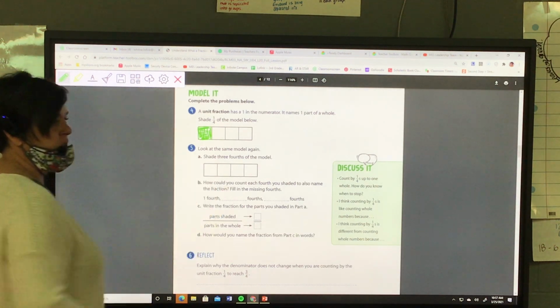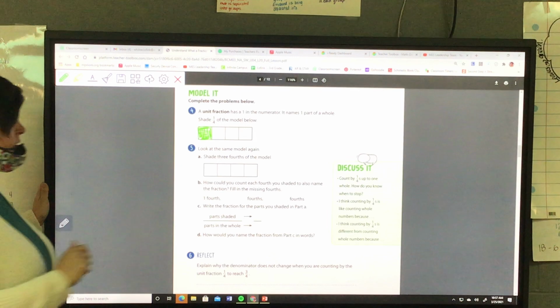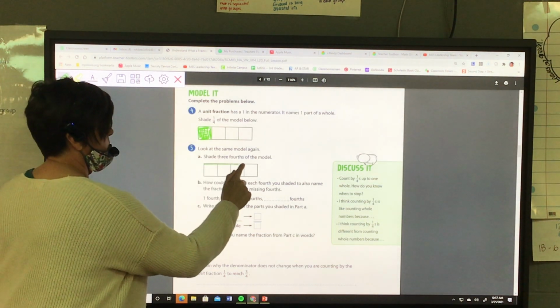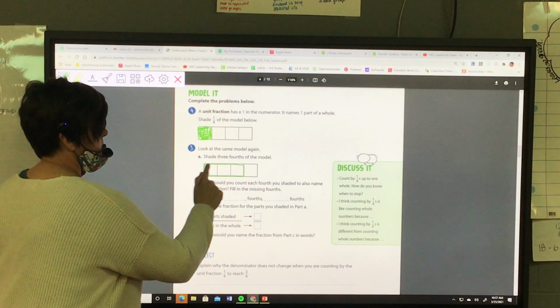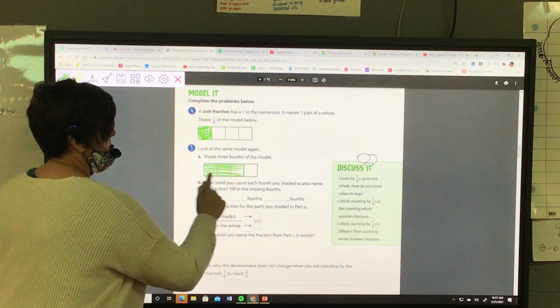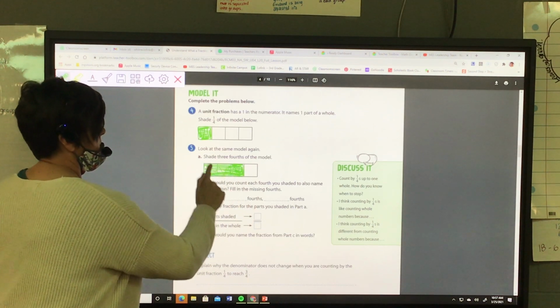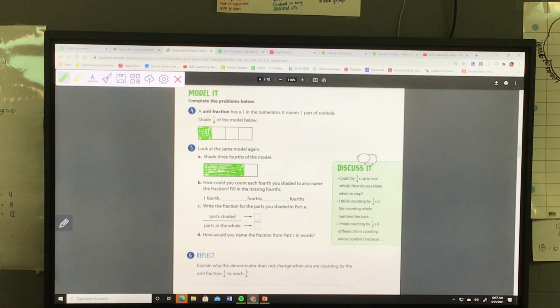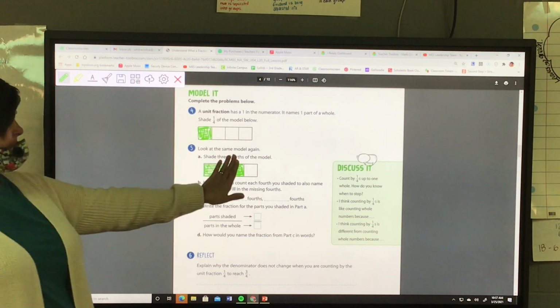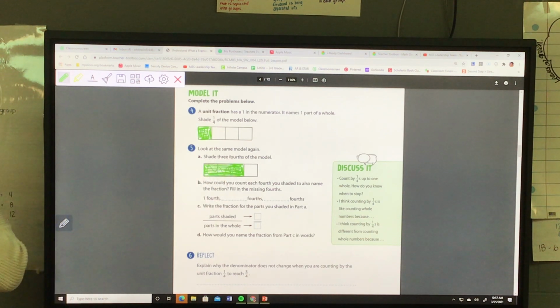So how many of those parts are you coloring in? 3 of the 4. Completed 5, part A. Now we need to complete part B.